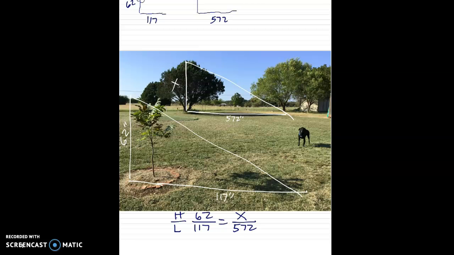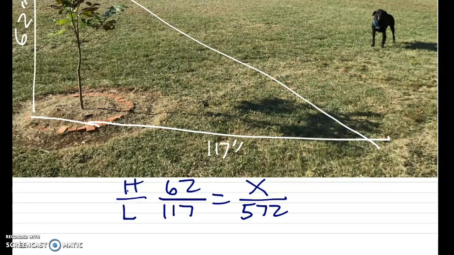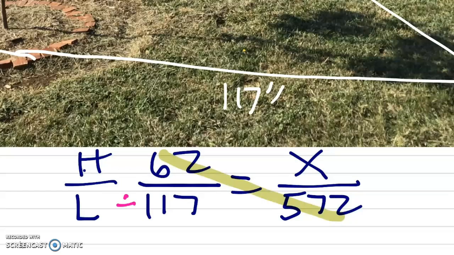So if you were to cut 572 in half, 572 is about 600, so I would suspect that you're going to come up with something a little bit less than 300 would be my guess. Alright, so we have this proportion, which we all know how to solve. You just cross product and divide by the number that's left out.